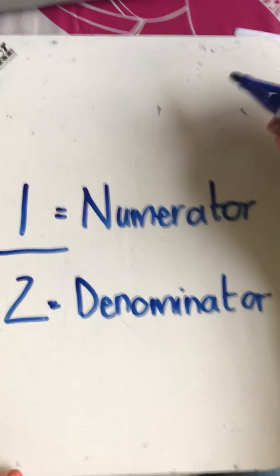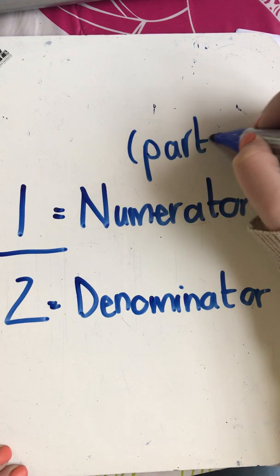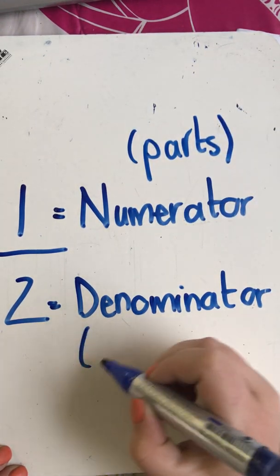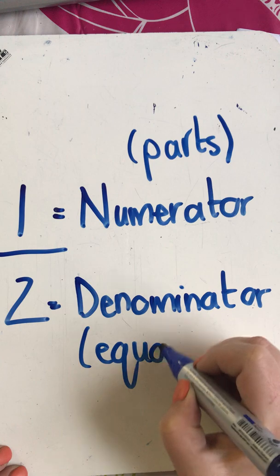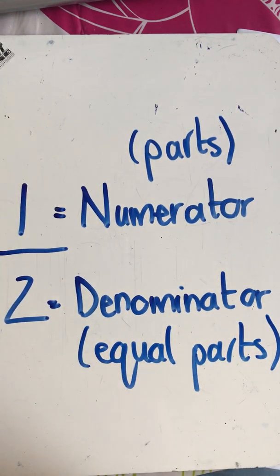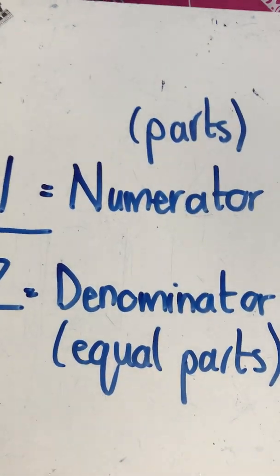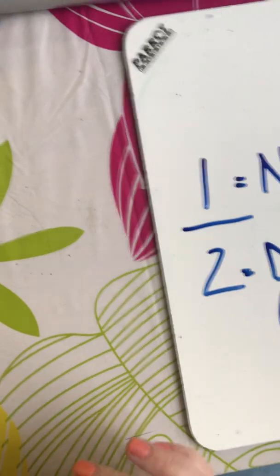I promise you, grade 2, I did know this information, I just didn't know how to say it. So, the numerator shows us how many parts, and the denominator shows us how many equal parts my whole has been divided into. That's one thing that I want to make very clear to you guys.